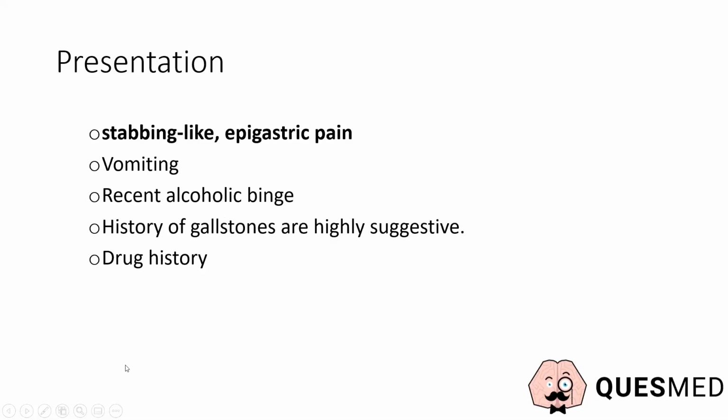So patients with pancreatitis present with really sharp epigastric pain, often radiating through to their back. They are very sore to palpate, and they often clutch their stomach, and they'll be writhing on their bed if it's really quite severe. They often vomit quite a lot, and they often give a history of a recent alcoholic binge or a history of gallstones.